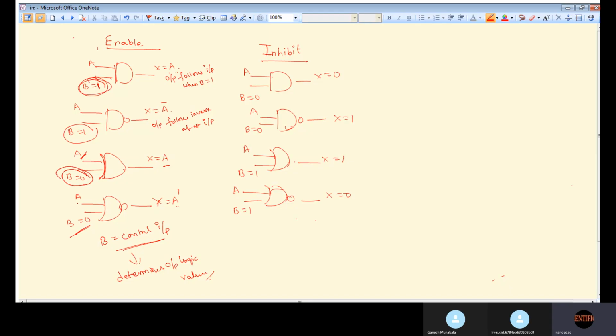And for the NAND, when B is equal to 1, the output follows the input, or else it gives the inverse of the input. It completely depends upon the signal B, so we can take B as an enable signal. Next one is inhibit.